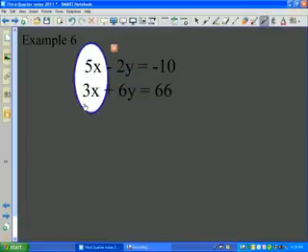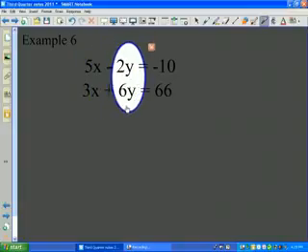So if I wanted to, I could eliminate my x's, but I have to think of what number they both have, the lowest number that they both have other than 1, that will help me with the whole same number type of pattern. So for the x's, I would have to multiply the top equation by 3 and the bottom equation by 5.